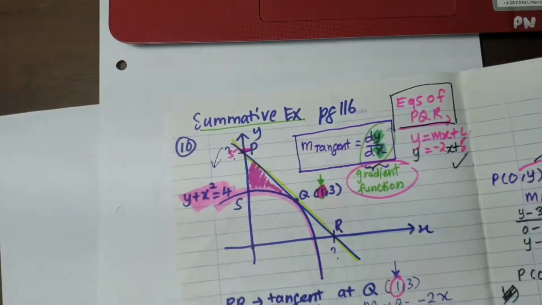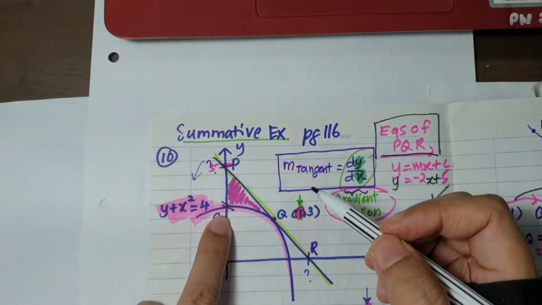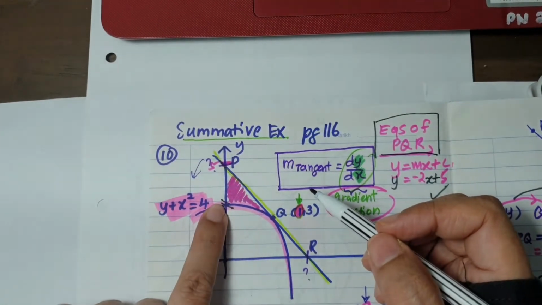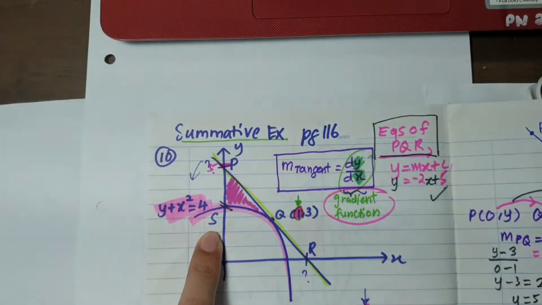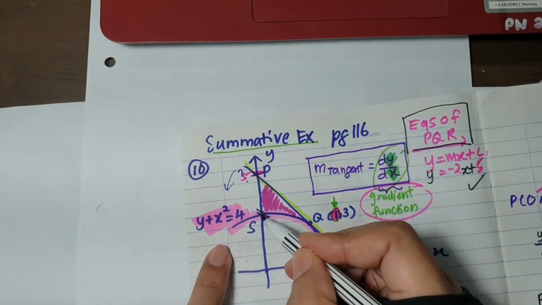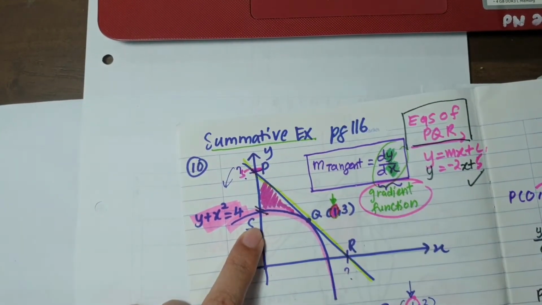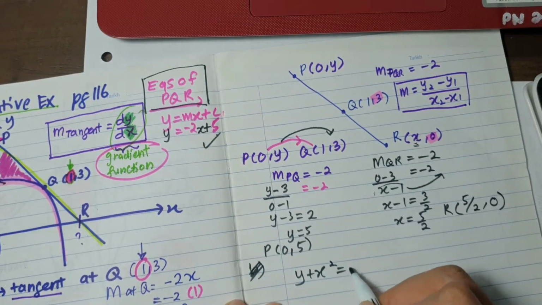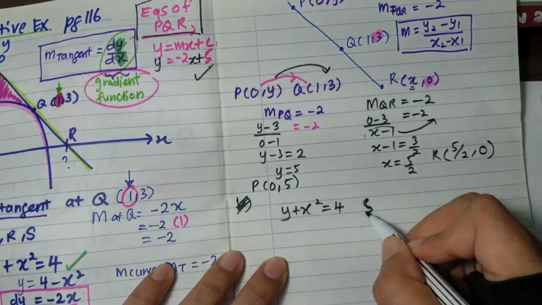Cari point S. Okay, so you can see S is actually here is the y-intercept of the curve. Nampak tak? Curve tu touch y-axis at the point here. So, we have learnt. Okay, so kat sini the point S there lies on the y-axis. Maknanya x dia 0. Okay, x is 0.